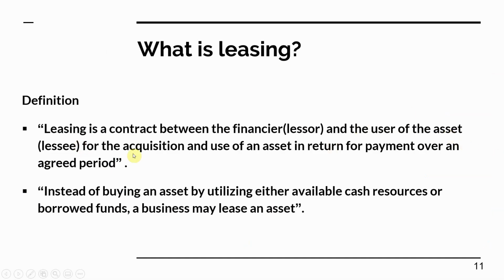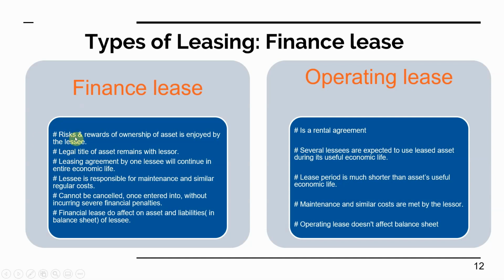The company which has taken the asset on lease. So if you have a finance lease contract between the lessor and lessee, the risk and rewards will be borne by the company using the asset, not the owner, and the company is responsible for the risk and also enjoys the returns.